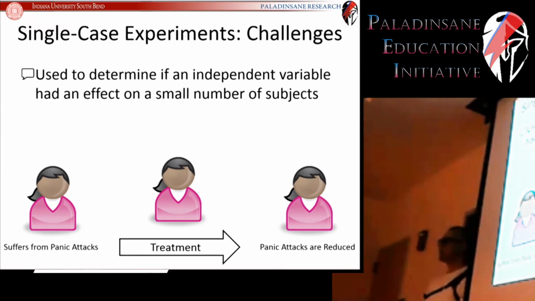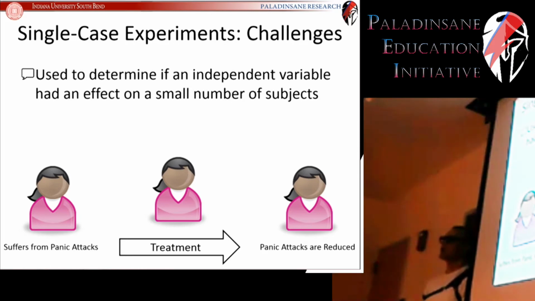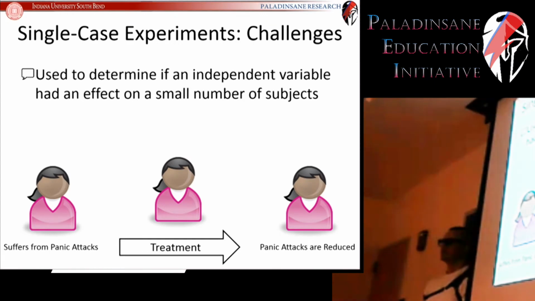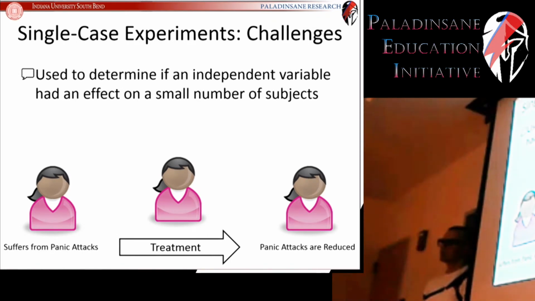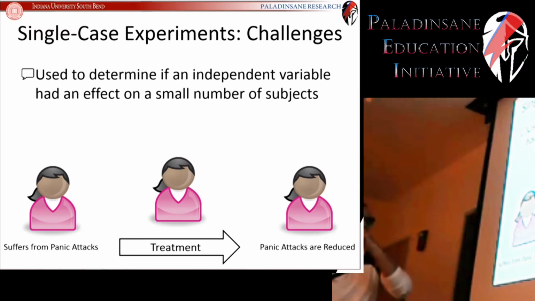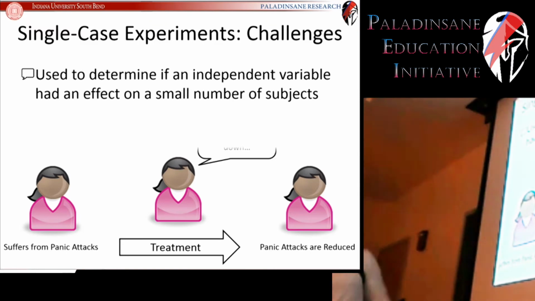So any other speculations about what might occur when you begin treatment that cause the panic attacks to be reduced? It would be pure speculation. All right, doesn't seem like anything is readily coming to mind.